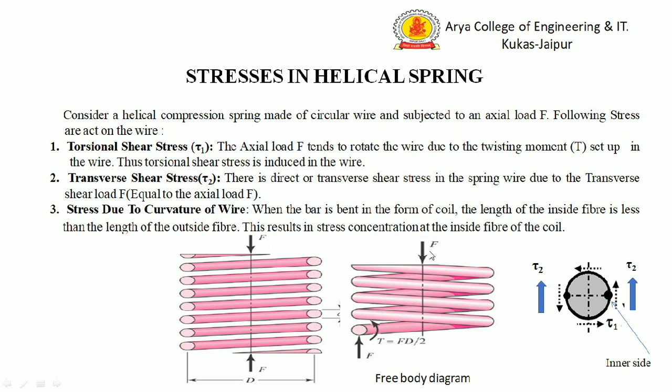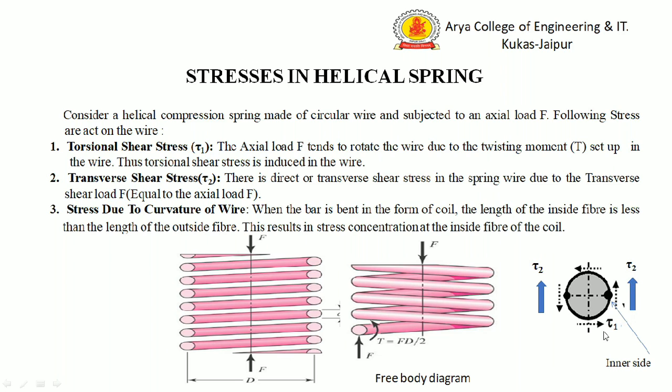Also, to balance this force F, an equal and opposite force F is produced at this wire section. This force F is basically a tangential force for this section, and it produces a transverse shear stress tau 2, which is shown in this diagram, tau 2.